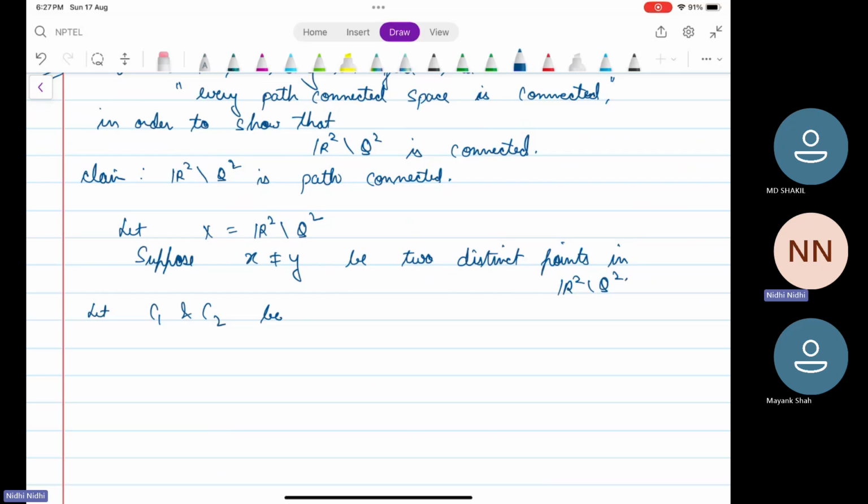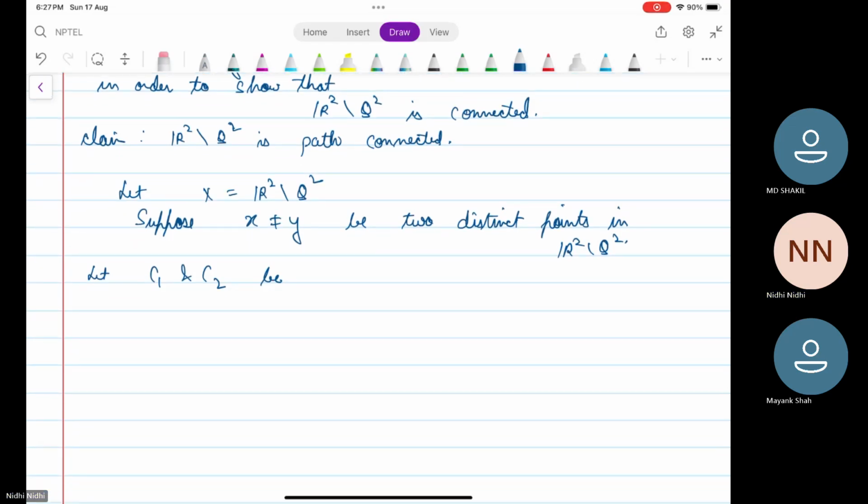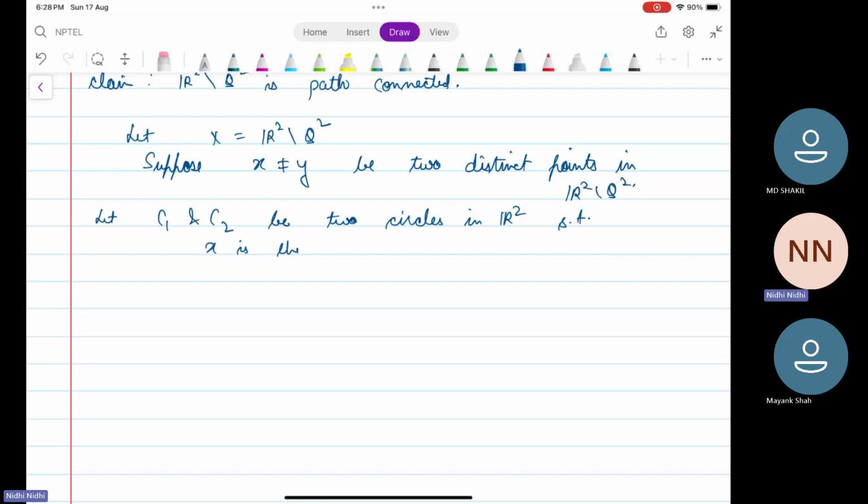So clearly we can find two circles such that x is the center of C1 and y is the center of C2, and both are completely distinct.